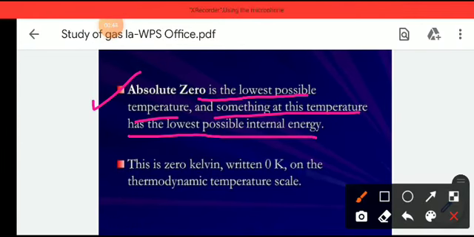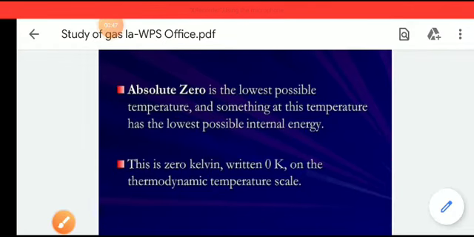Okay, so you have already seen this term, absolute zero, or the absolute scale, in the form of Charles law. In Charles law, you have already seen that the temperature should be in the absolute scale.